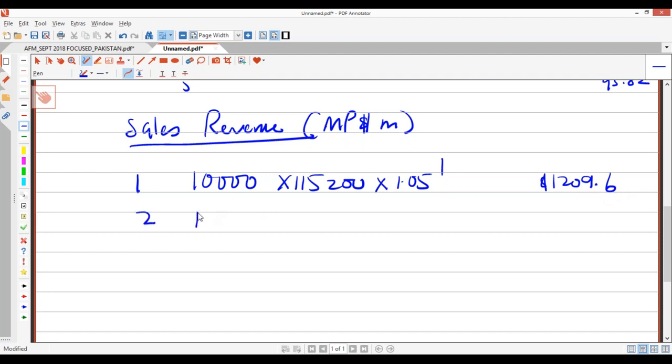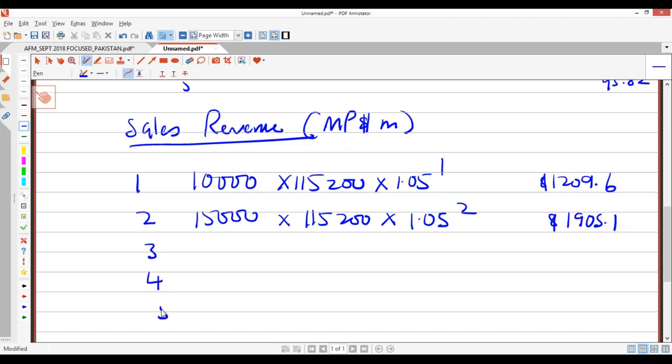Now the second year is going to be 15,000 units. Check the units down there. Multiply by the selling price, which is still the same, but now your selling price has been inflated over 2 years, so it's going to include 2 years inflation rate. So it's going to be 1905.1, and then year 3, year 4, and year 5.